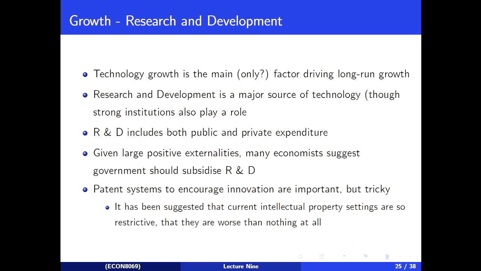Right? There's an optimal level, L star, there's an optimal level of protection, which maximizes the benefit to society. But where we are now, it has been argued, is so restrictive that it's worse than nothing. There's something that's better than nothing, but where we are is so restrictive it's worse than nothing.